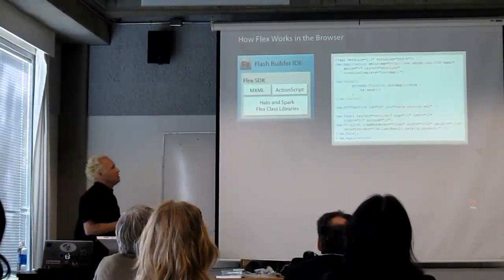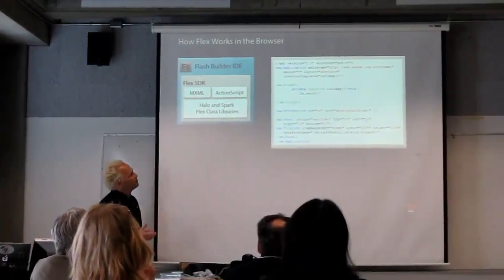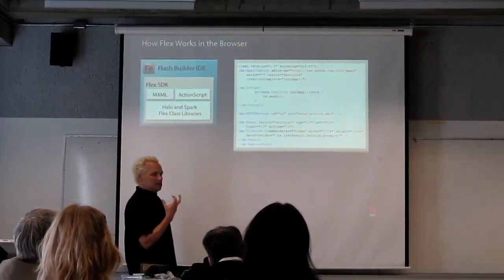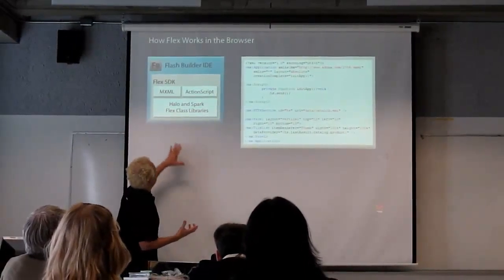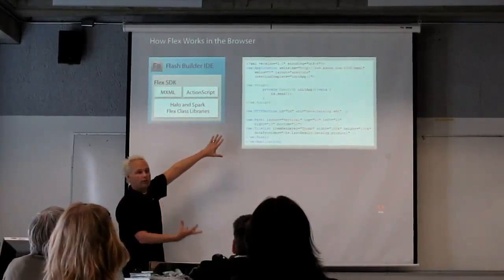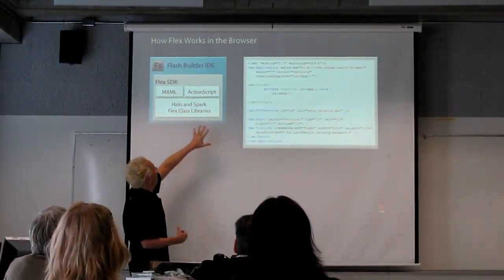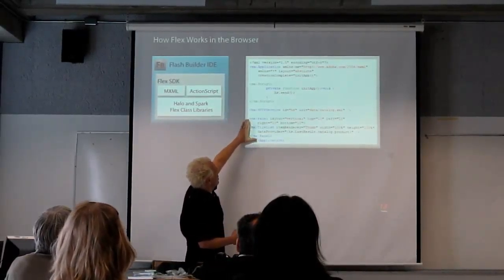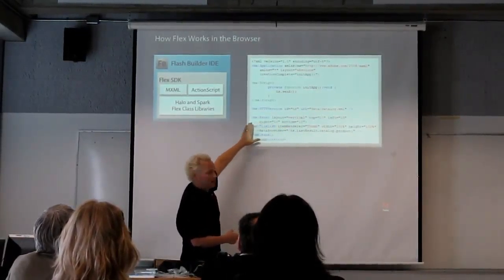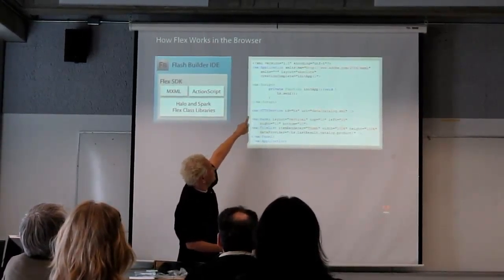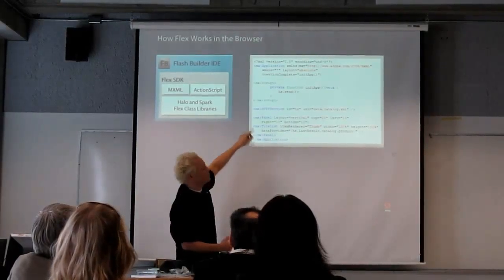When you're building in Flash Builder using the Flex framework, there's an underlying set of classes, and it's really important to understand the relationship between the languages we work in, in the code view or code perspective, and the actual libraries. There are two languages. One is called MXML, an XML-based dialect. It's a declarative programming language. The other is called ActionScript, a scripting language shown up there between the script tags.